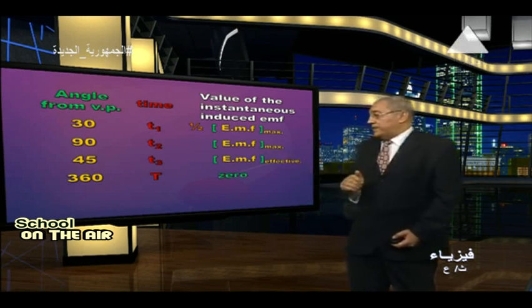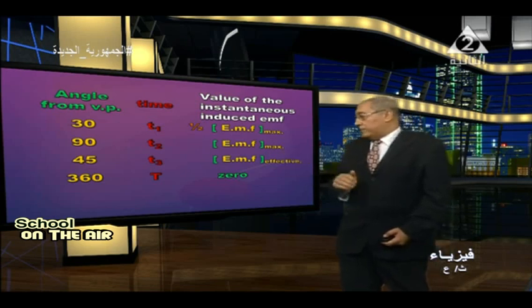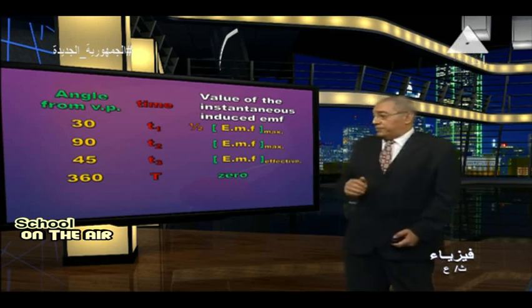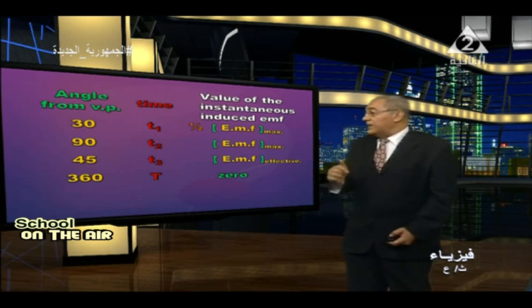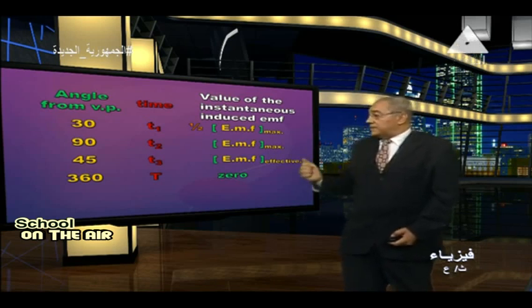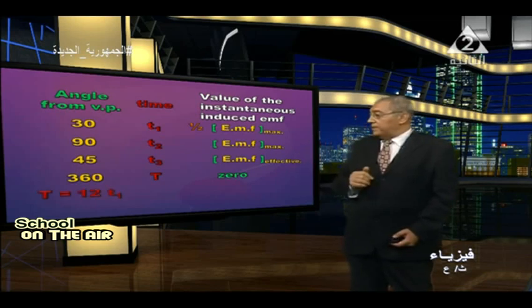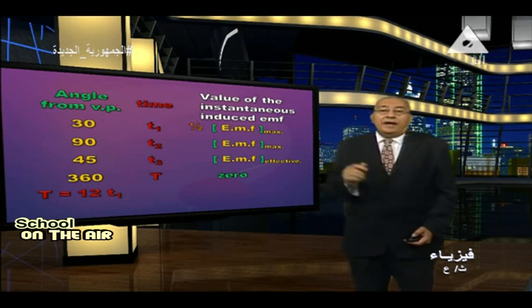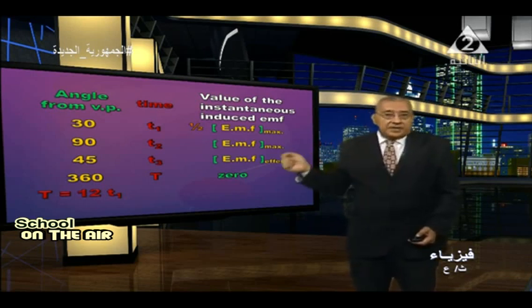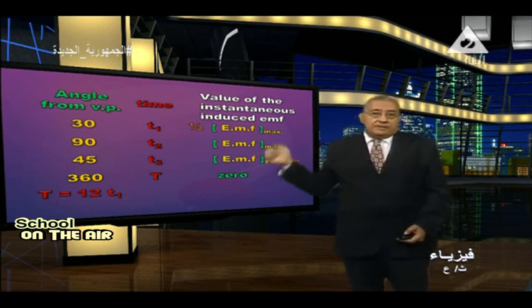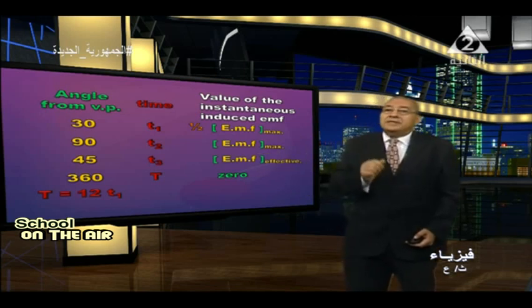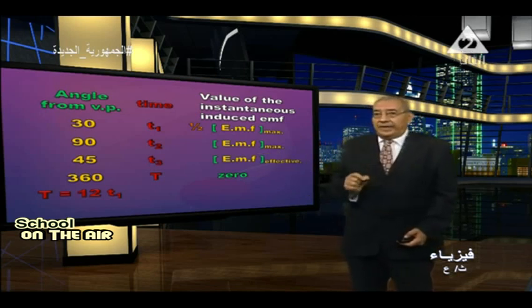At this particular moment, the instantaneous EMF is equal to 0 since it is starting from the vertical. Now we can compare 360 to 30. Dividing 360 by 30 gives 12. I advise you to write this down. This is a very important piece of information.